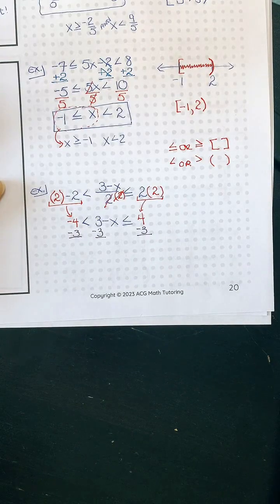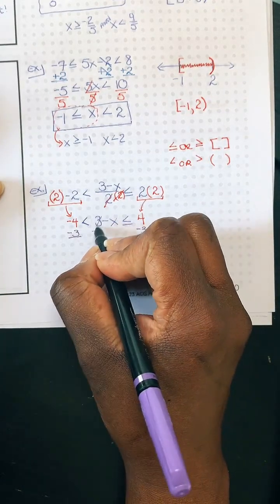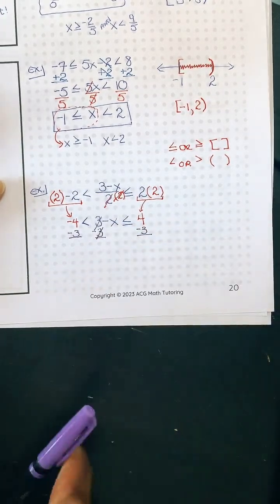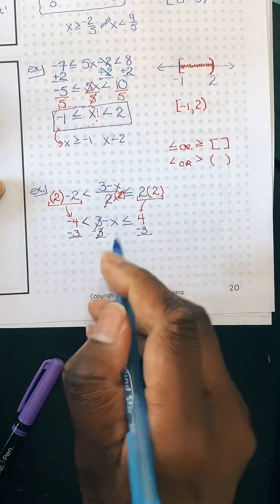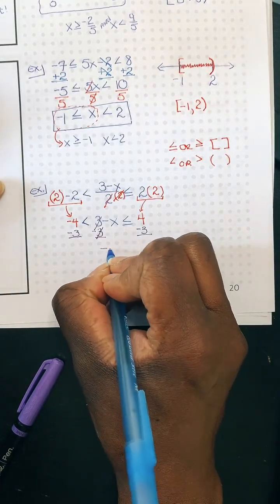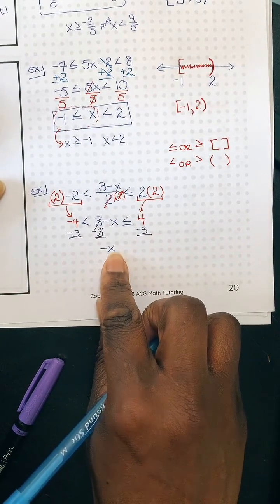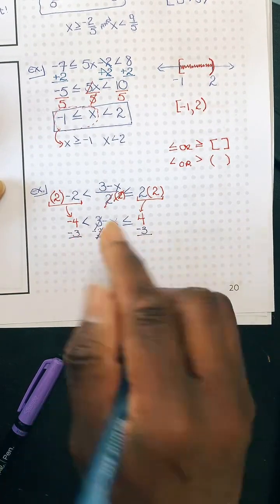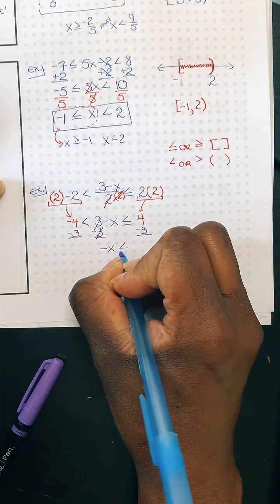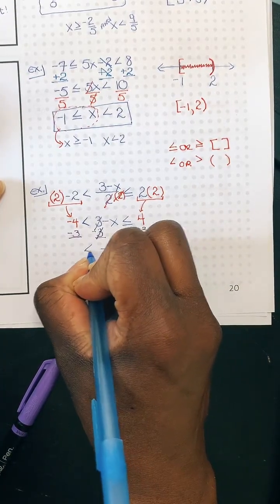Okay. So 3 minus 3 gives me 0, and I don't need to put the 0 because I still have this negative x in between the inequality sign. Since I just subtract the 3, my inequalities are going to be the exact same.